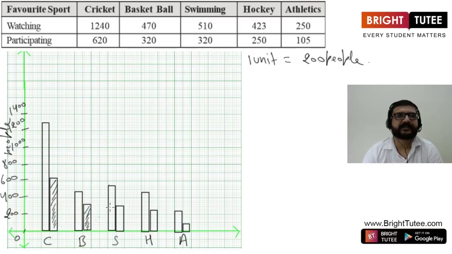So the unshaded bars are representing the number of people watching the sports, and the shaded bars are representing the number of people participating in sports. So the blank ones are representing watching sports, and the shaded ones are representing people participating in it.